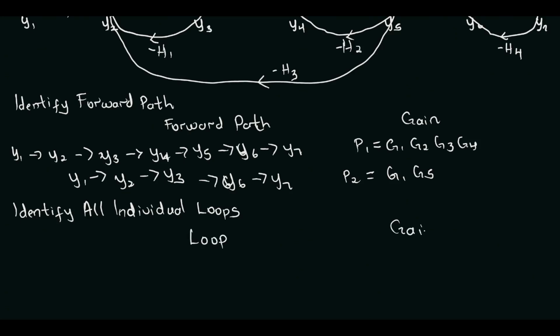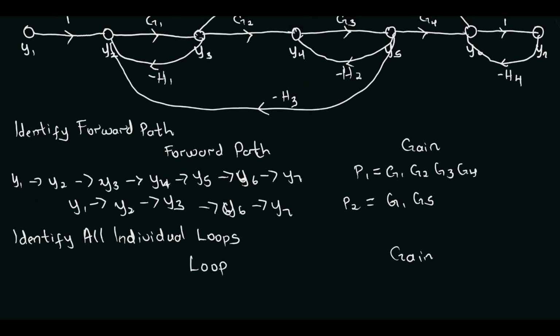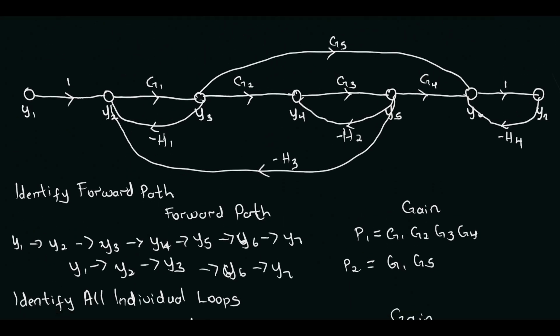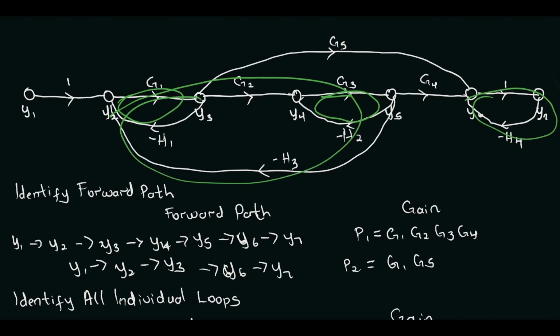The first loop, you have multiple loops. This is a loop. This is a loop. This is a loop. This is also a loop. This is not a loop, that's because it's not going back. So it's not a loop.